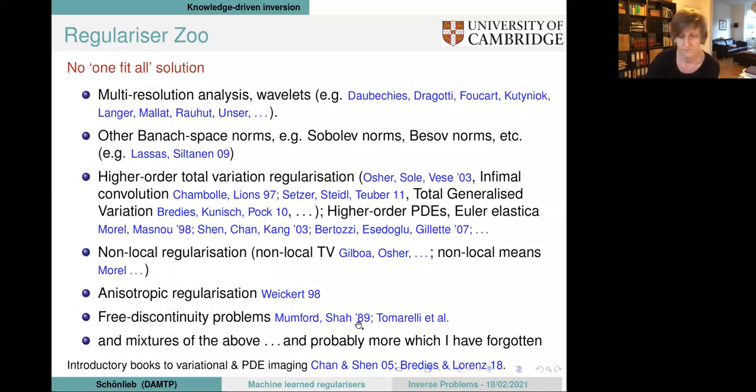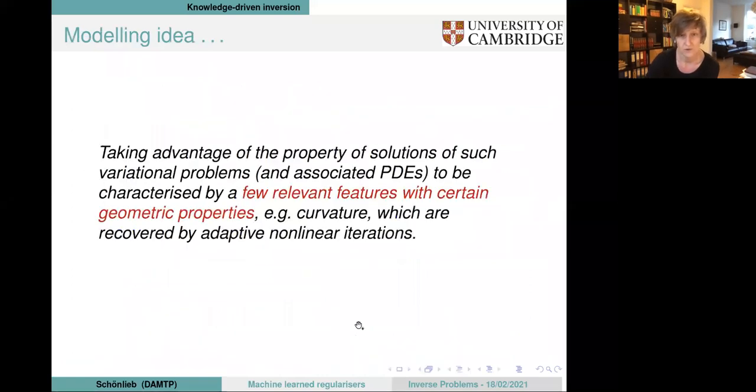So just to sum this up, all of these types of regularizers have in common that they really take advantage of the fact that solutions to such variational problems or associated PDEs can be characterized by just a few relevant features. And if you assume that images behave somehow similarly, that they can also be well approximated by this, then this works. And this works very well.